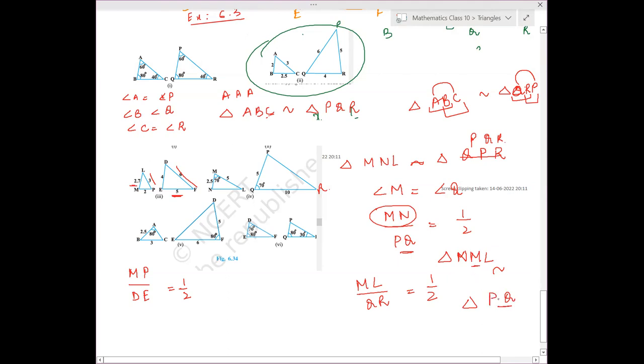So can I write P here? And then ML will be QR. I think this is fine now. So this means this angle is equal to this angle, the middle term, and this side NM is proportional to PQ. This is right now. Yes, Rida? Yes, ma'am. Okay. Now come to the fifth one.